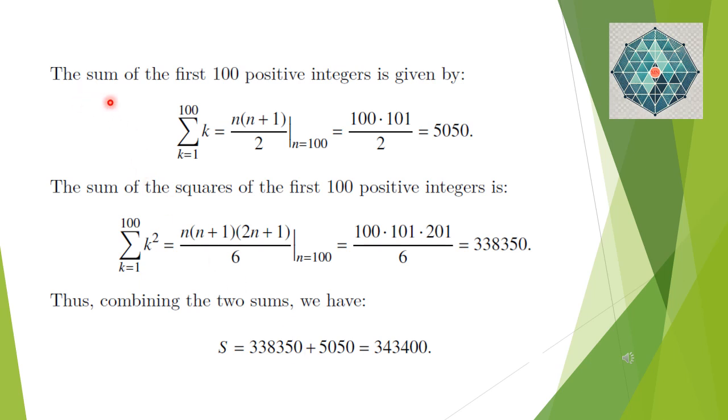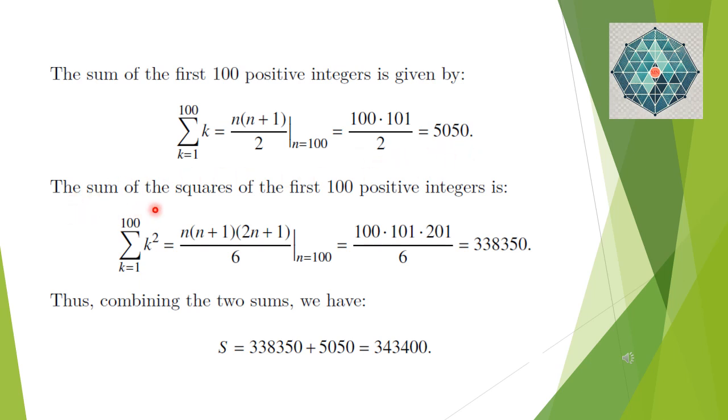The sum of the first 100 positive integers is sum of k equals n times n plus 1 divided by 2, where n is 100. That is, 100 times 101 divided by 2 equals 5050.